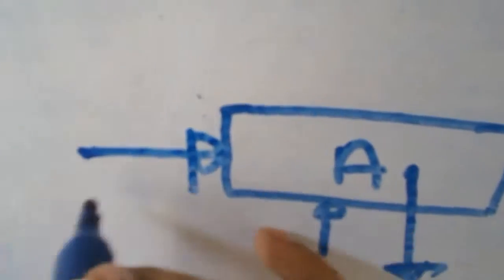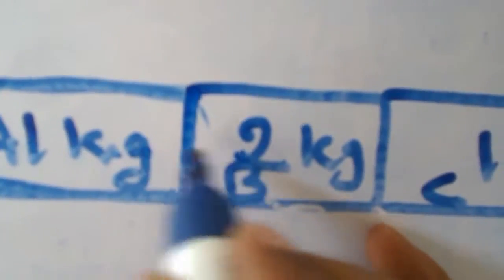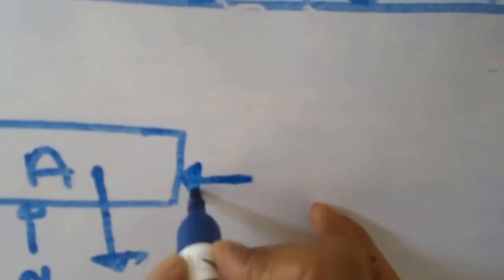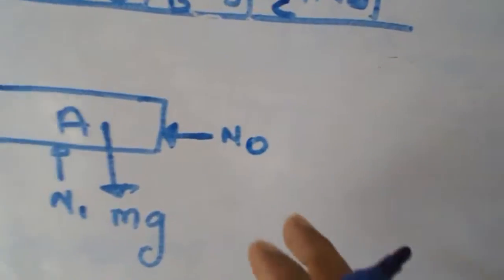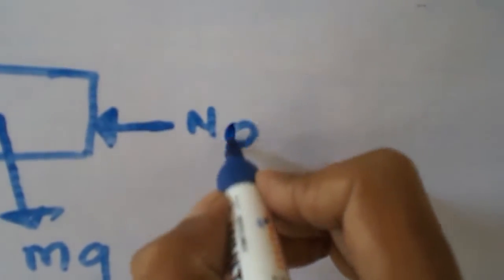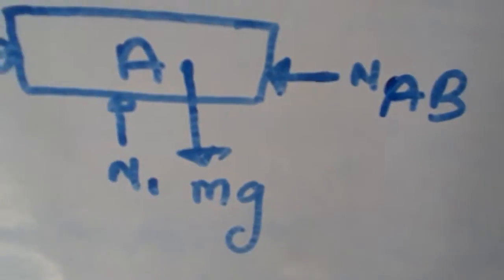And look carefully here: there is contact between the 1 kg and 2 kg blocks, so there should be a force. Let me name it NAB. This is the whole free body diagram for A.